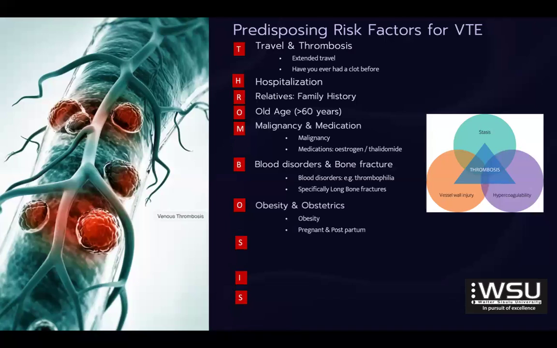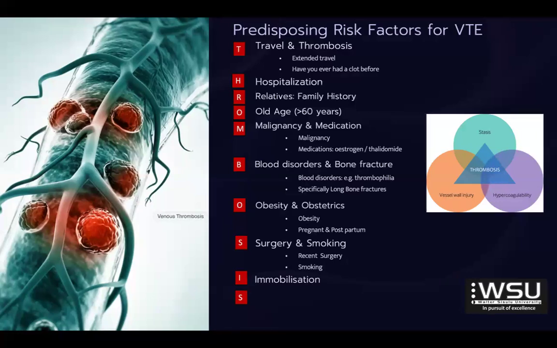Obesity in itself is a risk factor, and obstetrics is very important. We'll have a whole separate tutorial just focusing on pregnant and postpartum women. The S stands for surgery. This is people who have had recent surgery, and we'll look at the exact risk factors under the prevention section. But smoking in itself also causes hypercoagulability and makes it easier for you to form clots.